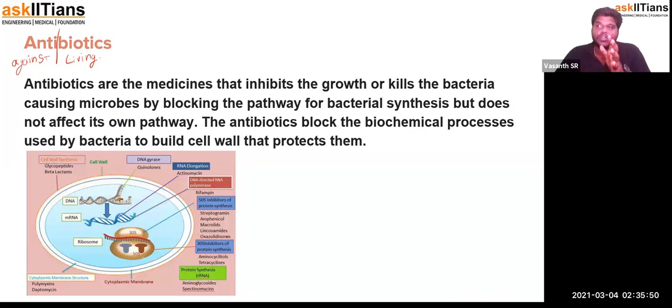Any substance which is synthesized by one microorganism to have an upper hand over another microorganism, or to kill the other microorganism, is actually called an antibiotic.